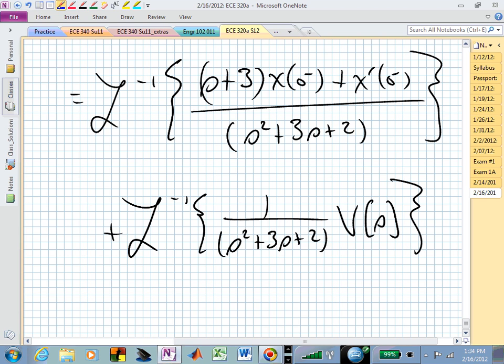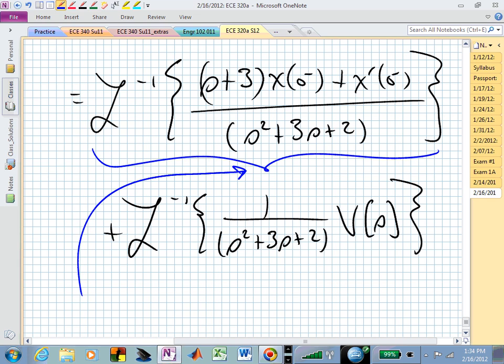And the nice thing about this is, what is making up the numerator in that expression in blue? What are those little x's? Those are constants. Those are initial conditions. That first inverse Laplace transform is going to be the response of our solution, x of t, due only to initial conditions.